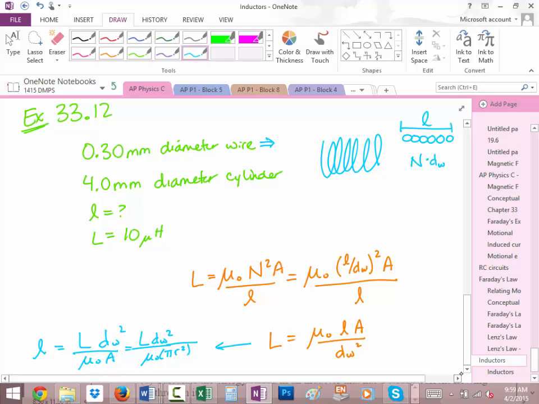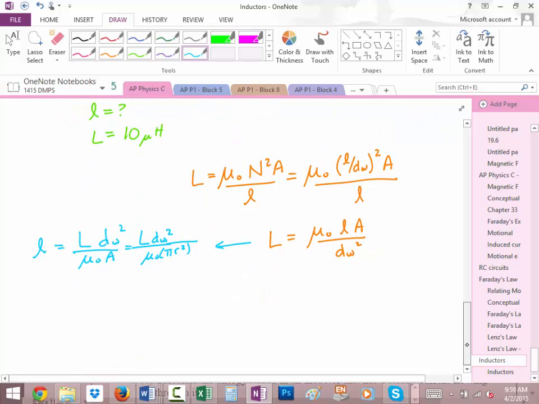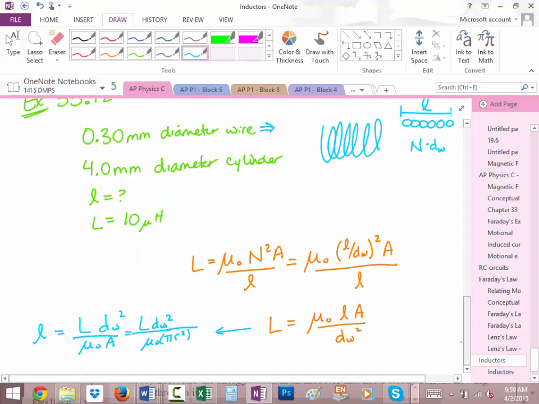Yeah, that's right. Is that what you got? I went through a few more steps in this. I got .057 meters. Look at my units. How do the units compare?